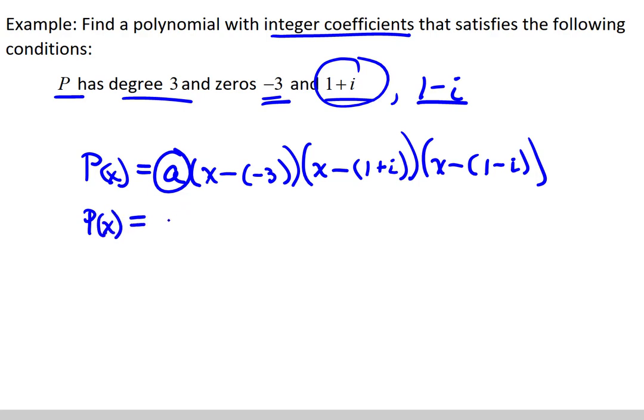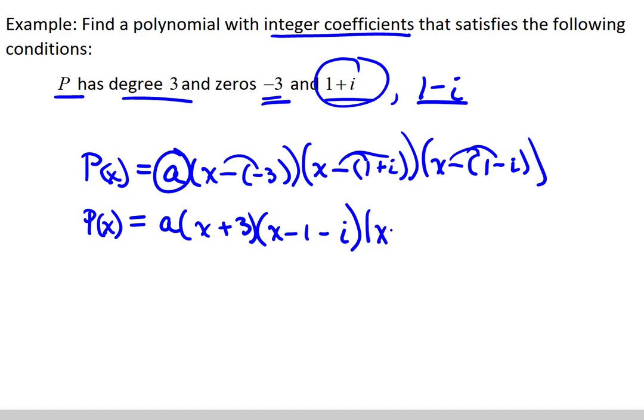So we'll rewrite this as a times (x plus 3), if I put these negatives together, times the next factor, which has a negative that could be distributed, making it x minus 1 minus i. And then thirdly, I can do the same with the negative and get as our last factor x minus 1 plus i.